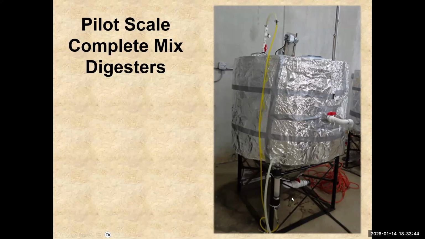You can see from this discoloration at the bottom that the desiccant is wet from the wet biogas flowing through it. So periodically we would have to change out this desiccant.